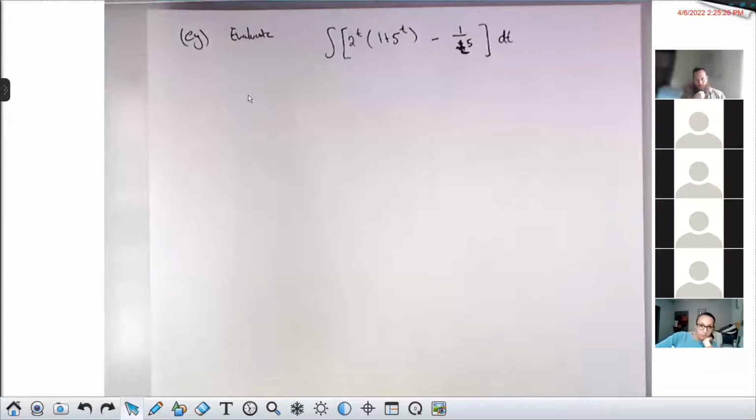So I want to evaluate this indefinite integral. And the thing inside, the integrand, is a difference of two functions, at least at a glance. The first function is 2 to the t times 1 plus 5 to the t. The other guy is 1 over t to the 5.